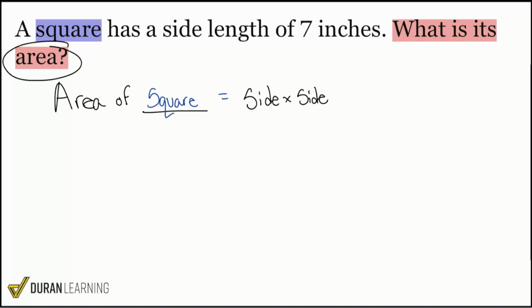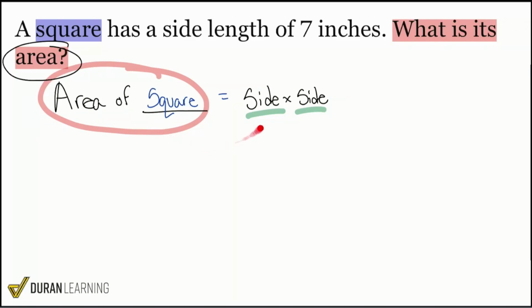Now, all we need to get that area that we're looking for is going to be the side. That's what we need. My party people, whether you're nervous or confident, do you notice that we have a specific formula for this, and we now see all we need to plug in to get what we're looking for?